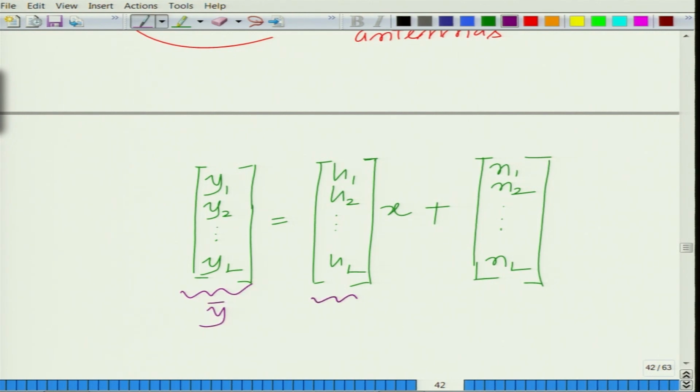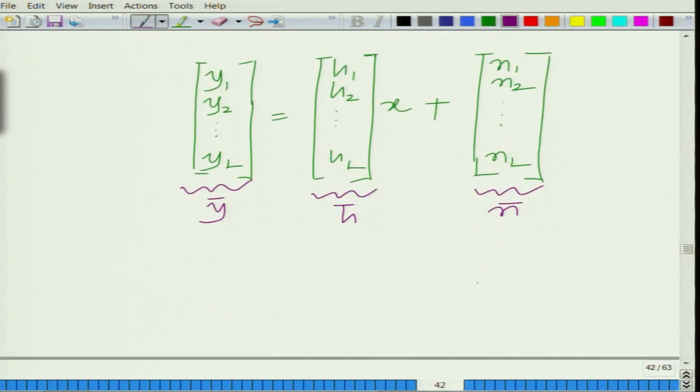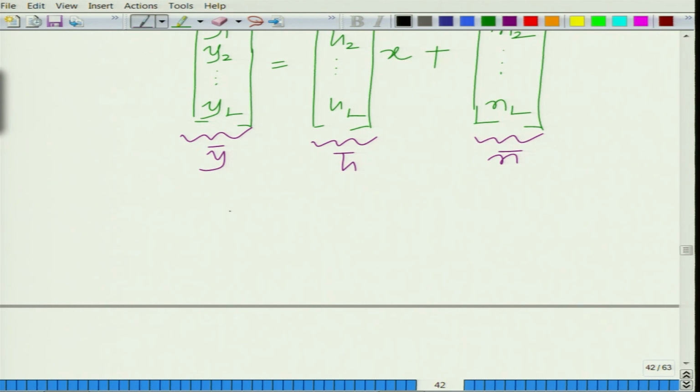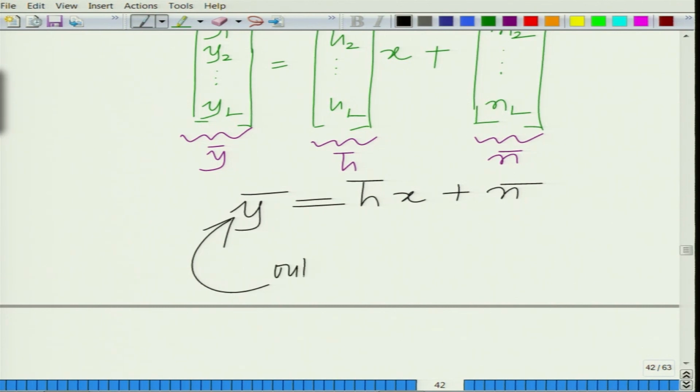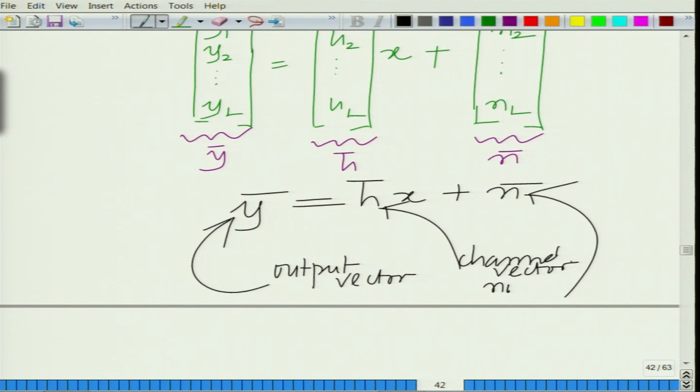And also you have y bar, h bar, n bar. So, essentially you can write this as y bar equals h bar x plus n bar. So, this is your output vector, this is your channel vector, this is your noise vector.